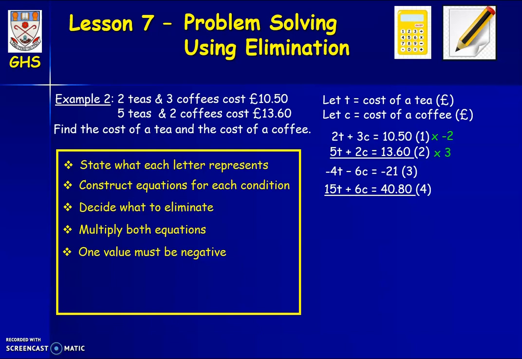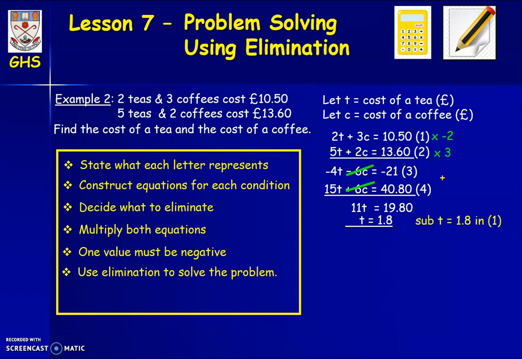Now we can eliminate C terms by adding the two equations together. So we end up with 11T equals 19.80, so T would be 1.8. Now to find the value of C, substitute 1.8 into one of the original equations and we get 3C equals 10.50 subtract 3.60.